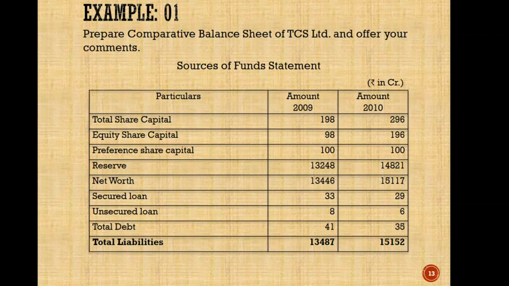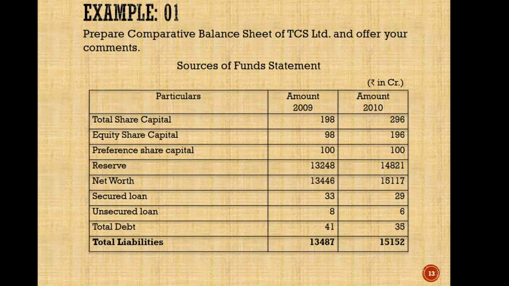That means we can see here there is an increase in total share capital. Further moving ahead, we can see the equity share capital figure: in 2009 it is 98 and in 2010 it is 196. That means there is a significant increase in the amount of equity share capital.